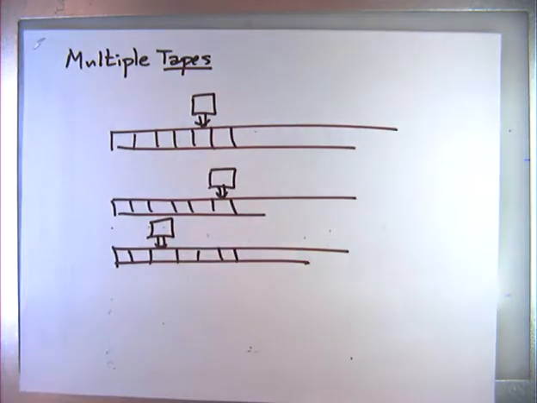So maybe I have 3 totally independent tapes, each of which has, let's keep it simple for now, 1 head on it that can read or write to a single position on that tape. And then in a single step, I want to read all 3 of these symbols, and then based on my internal state, write out 3 new symbols, and then move each of these heads left or right as I see fit.